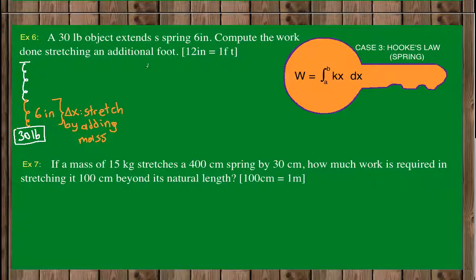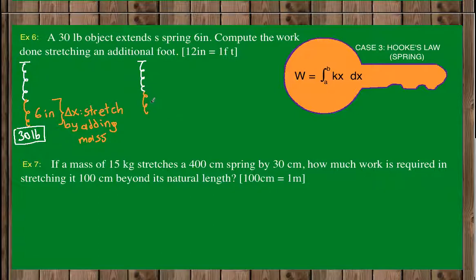And our scenario is, what is the work done stretching an additional foot? So on top of 6 inches, we're going to extend the spring an extra 1 foot. So it will be like this.